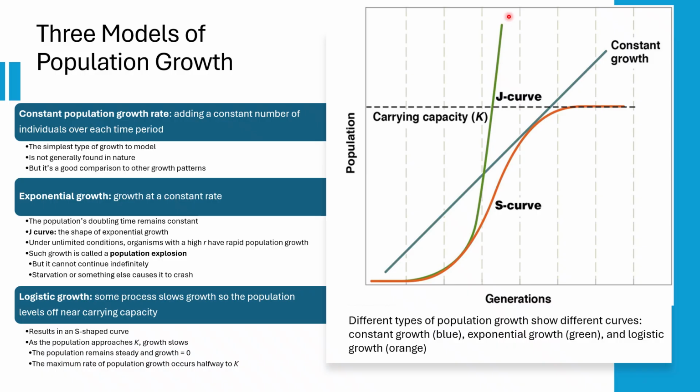This type of shape is typically used to represent population growth that is explosive. However, this type of growth cannot be sustained indefinitely. At some point, the ecosystem is going to meet a limit. And when the ecosystem starts to be limiting for that population, something is going to make the population crash.